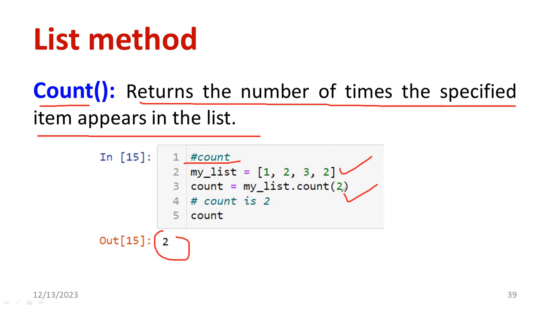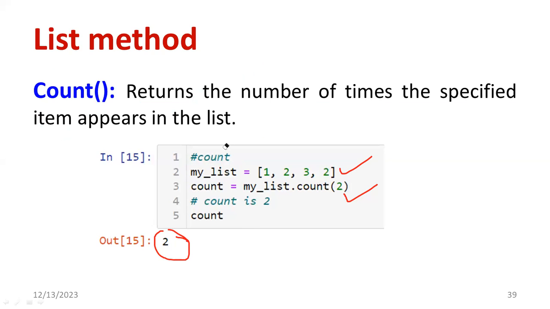It returns the number of times the specified item appears in the list. That is why I put a hash comment for count. We have the list my list with items 1, 2, 3, 2. I use mylist.count(2). The output will be 2, because the item 2 has been repeated twice. Remember that count identifies how many times an item is repeated. That is very essential for some cases. If the list is very large or has a huge number of repeated items, you can directly use count and identify how many times the item is repeated.